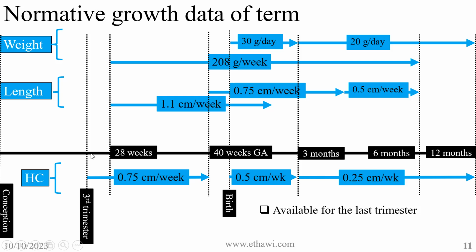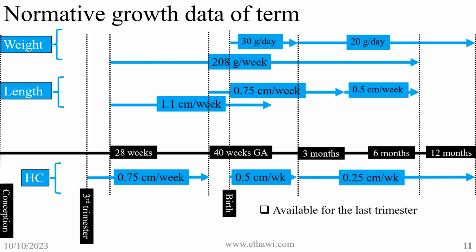So if the baby is born here, we'll still continue using the graph of the intrauterine baby. Because if he's born at 28, if he's not born and reaches 29, then he will gain 0.75 centimeter per week. And he will also gain length of 1.1 centimeter per week. And he will gain about 208 gram per week if he's inside his mother.